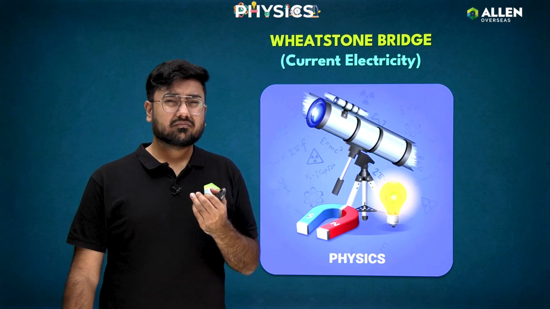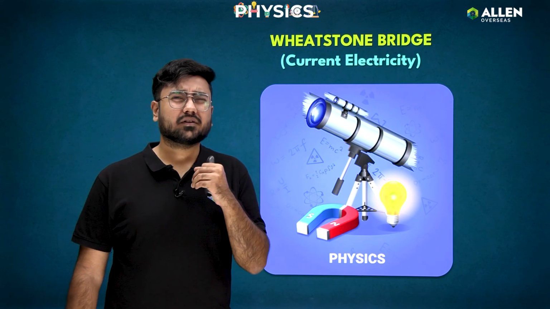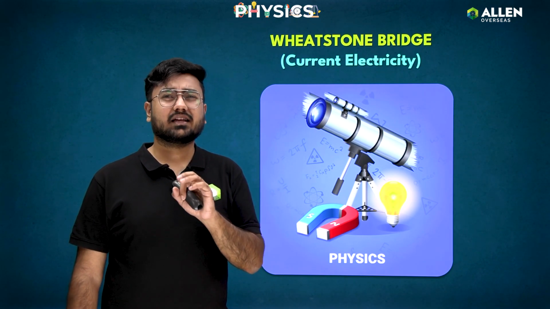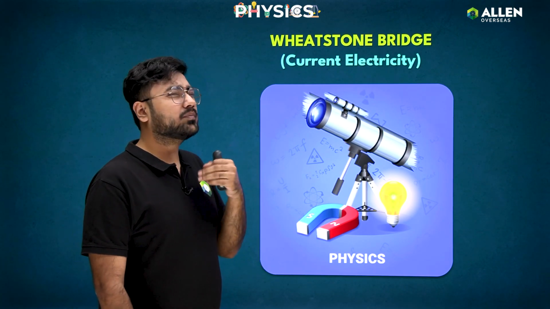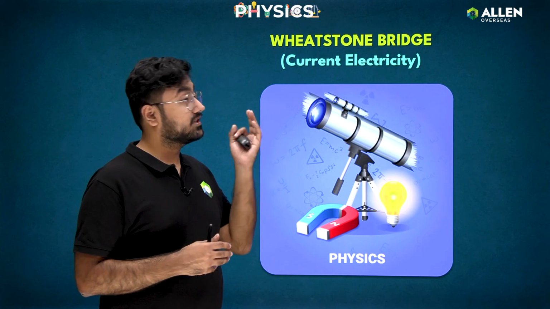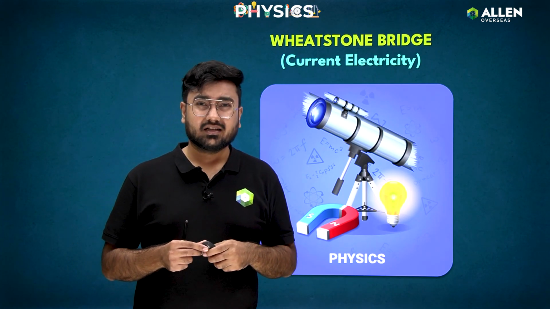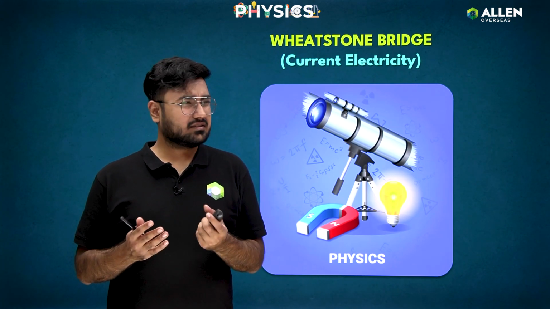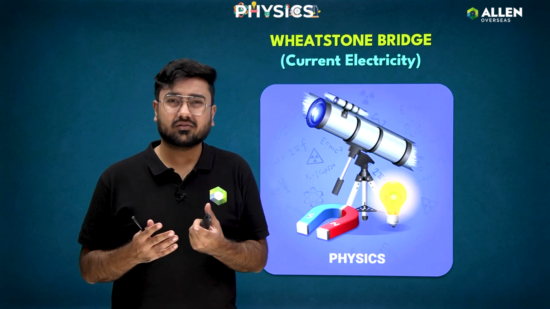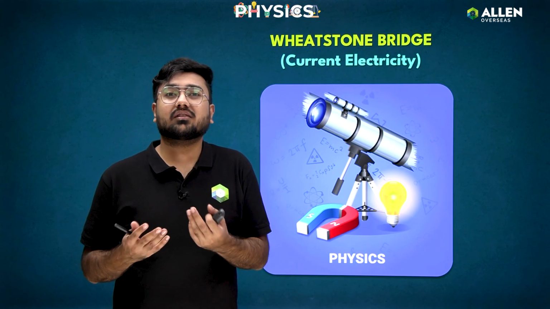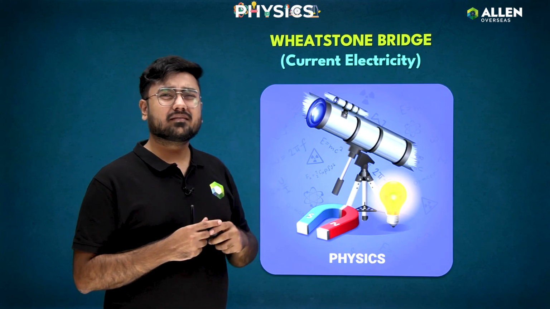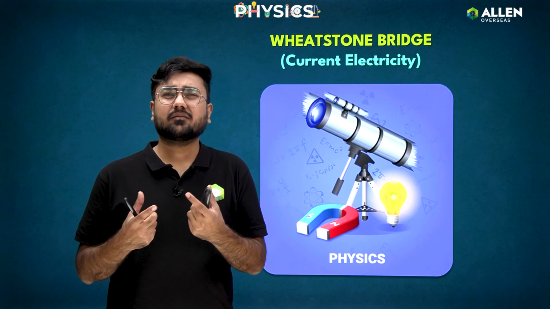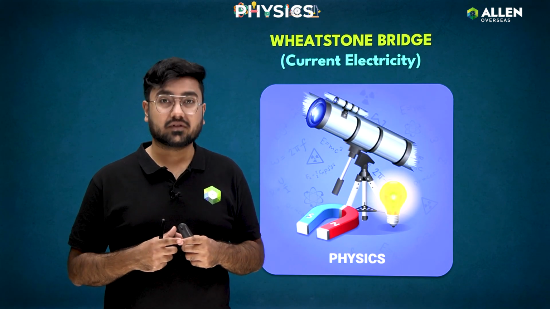So first, it was kind of discovered by Sir S.H. Christie in 1833 and later on improved and popularized by Sir Wheatstone, right. So Christie said that it is a diamond circuit to actually find unknown resistance, and Wheatstone actually made a working model out of it.